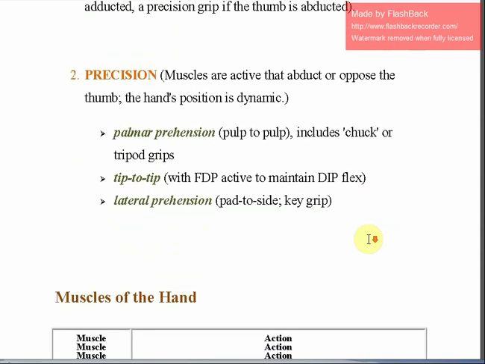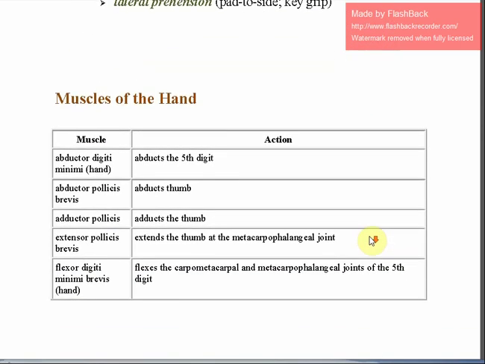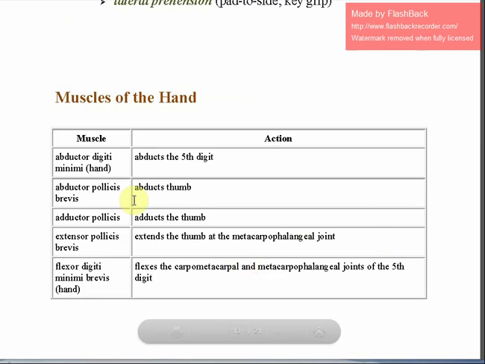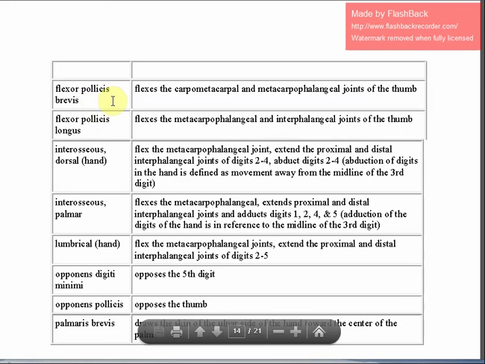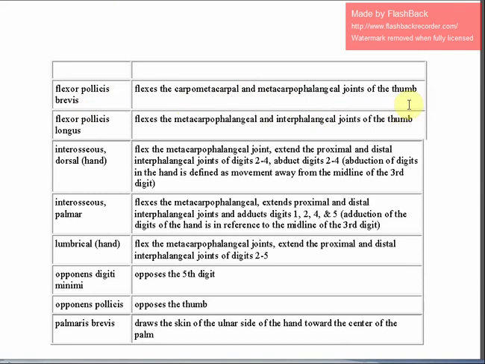The muscles of the hand and the actions, if we see, abductor digiti minimi abducts the fifth digit, abductor pollicis brevis abducts the thumb, adductor pollicis adducts the thumb, extensor pollicis brevis extends the thumb at the metacarpophalangeal joint, flexor digiti minimi brevis flexes the metacarpal and the metacarpophalangeal joints of the fifth digit, flexor pollicis brevis flexes the metacarpophalangeal and the carpometacarpal joints of the thumb.